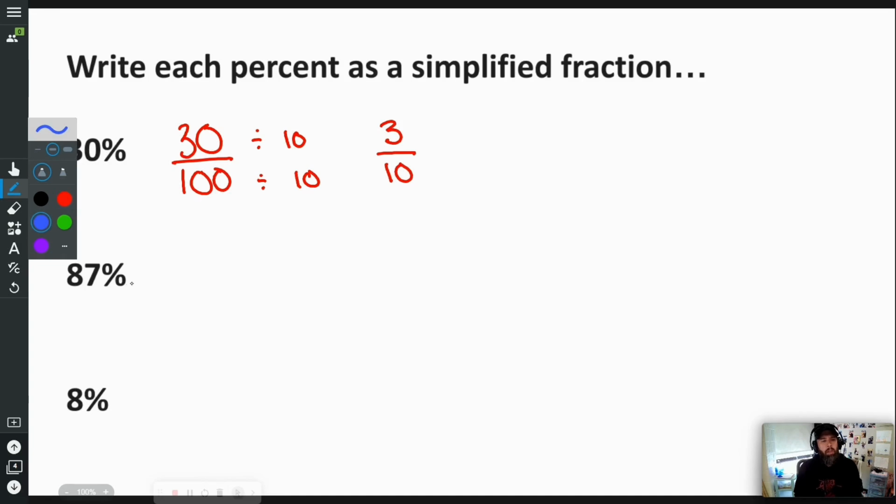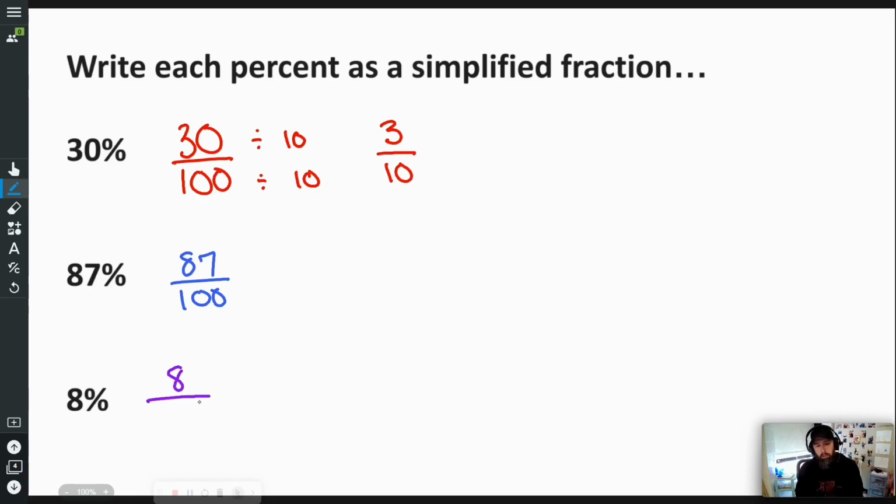What about 87%? Well, 87% is 87 out of 100. Can I simplify that? No. What about 8%? Well, 8% is 8 out of 100. Now I notice these are both even numbers, so I could divide the numerator and the denominator both by 2. 8 divided by 2 is 4. 100 divided by 2 is 50.